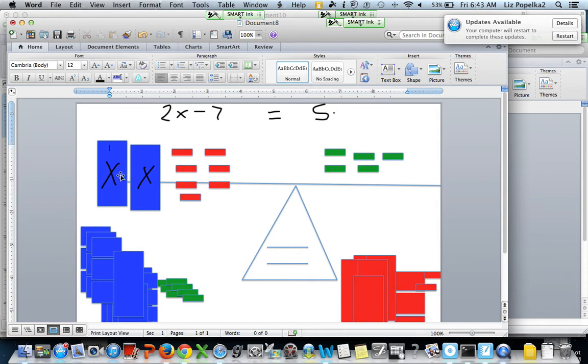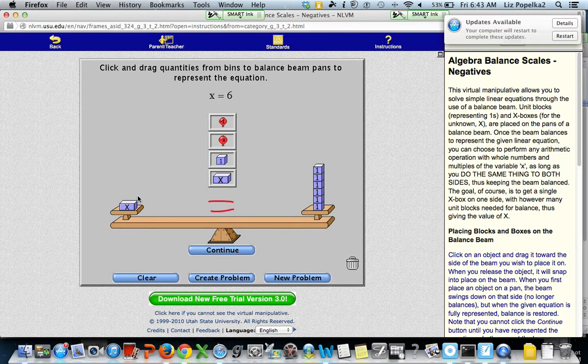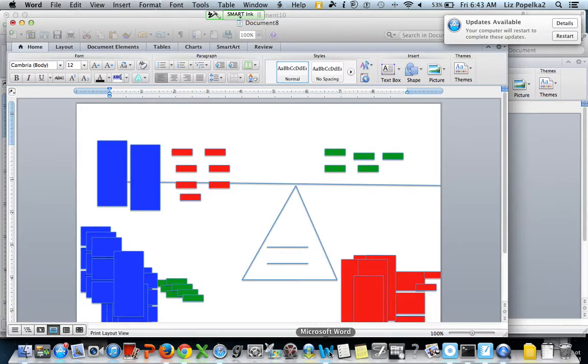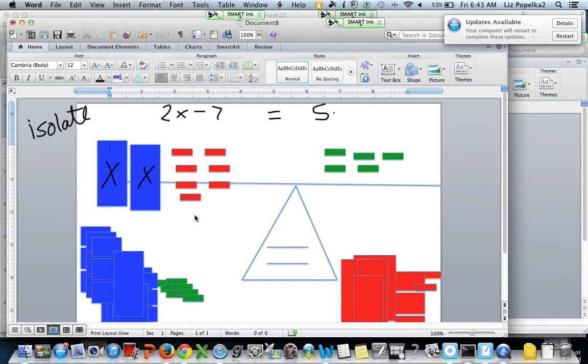Right now, remember that my goal is to isolate my variable. That means I want to get it all by itself so I can see how much it balances out with, just like the example I had here. If x balances out with a 6, then I know that x is equal to 6. So I've got to get rid of all this extra junk right now.